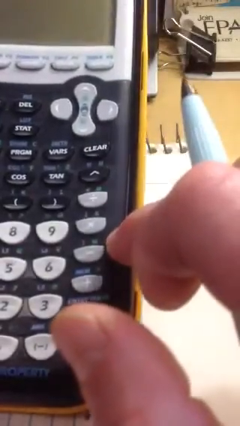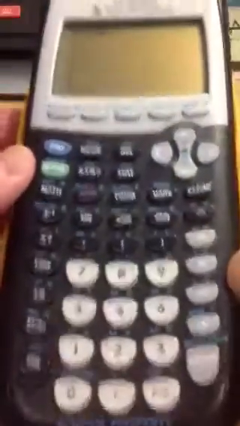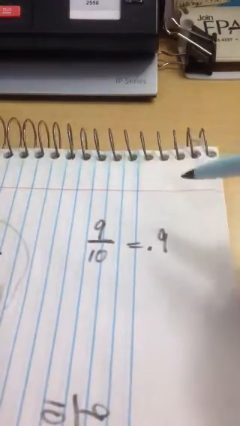The bar, or this little fraction line, means divide in algebra. So 9 divided by 10. Enter will give us 0.9. So that's a quick way to do it too. Depending on the fraction, you may want to use the fraction function, or you may just want to divide.